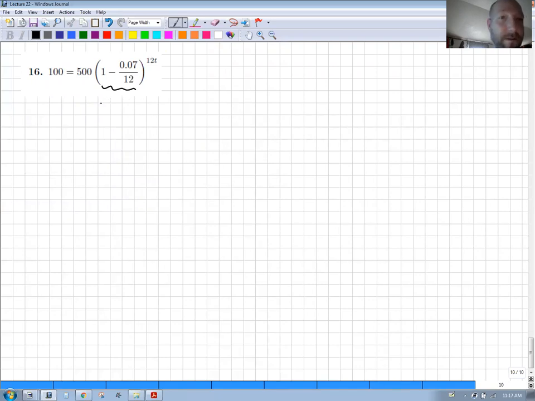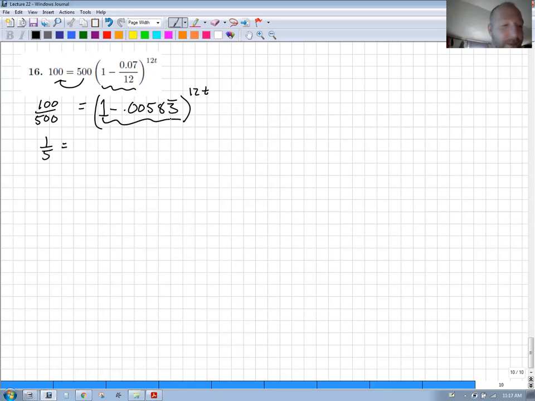So this is 1 minus 0.00583 bar, 12t. So let's divide the 500. All right, so we have 100 over 500. All right, so 100 over 500, that's 1/5.